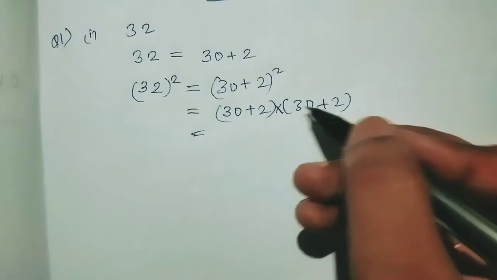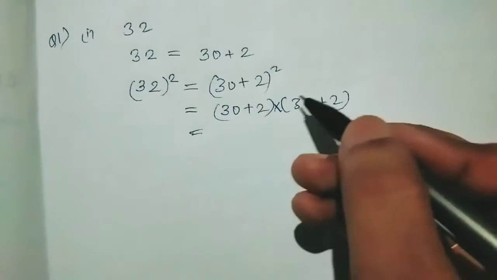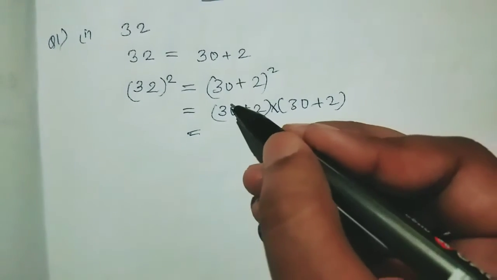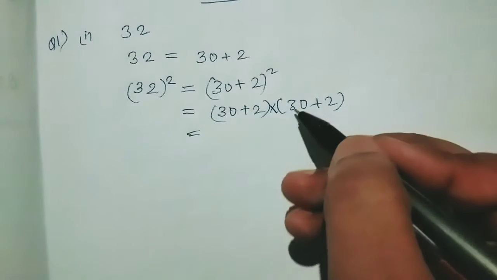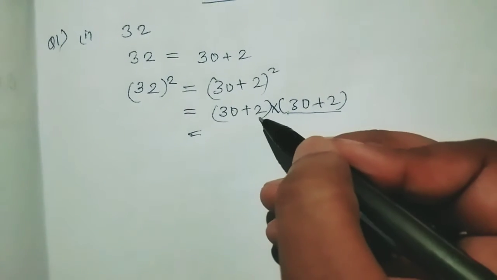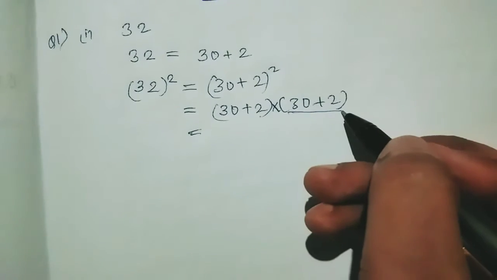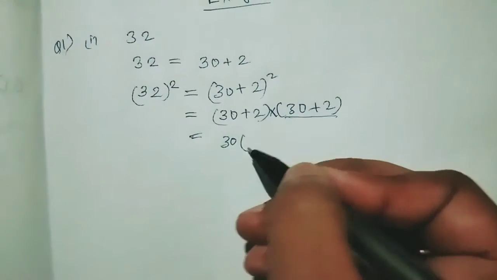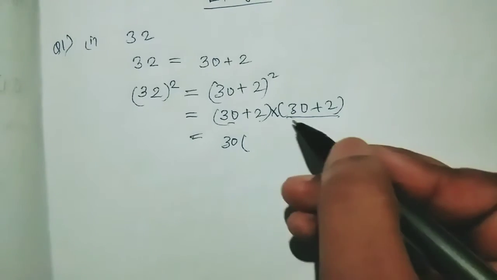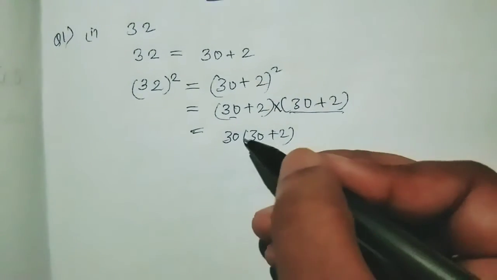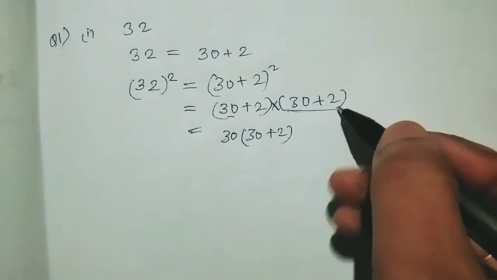So now how to multiply these numbers? All of you remember, try to recall it. I have explained it. You have to multiply this 30 with this 30 plus 2 whole, and this 2 again with this 30 plus 2 whole. So you have to write like this: 30 into 30 plus 2, because 30 will be multiplied with these two numbers.